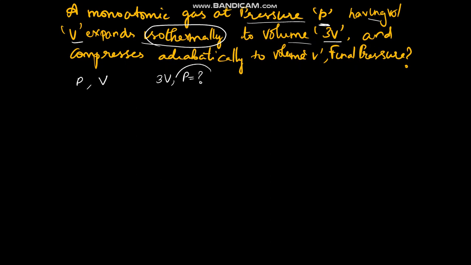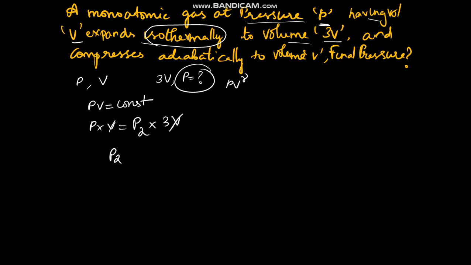First you find out the pressure. So for isothermal process PV is a constant. For adiabatic PV gamma is constant. Okay, so P into V is equal to P2 into 3V. So V and V get cancelled. P2 is equal to P by 3. Now this is the pressure.